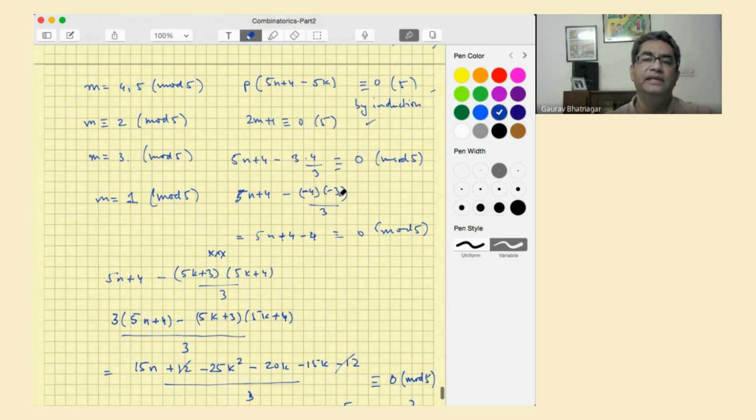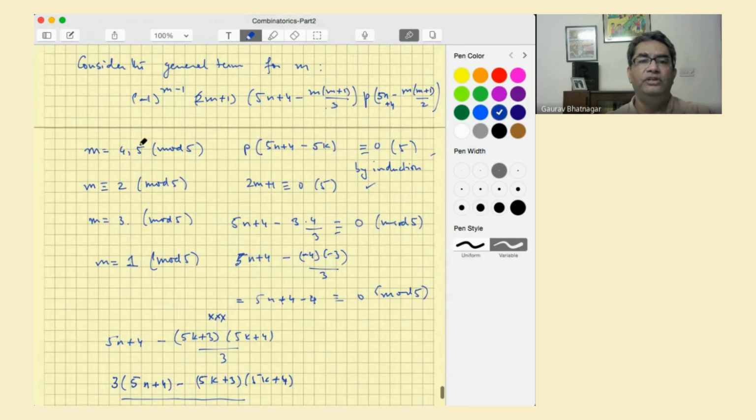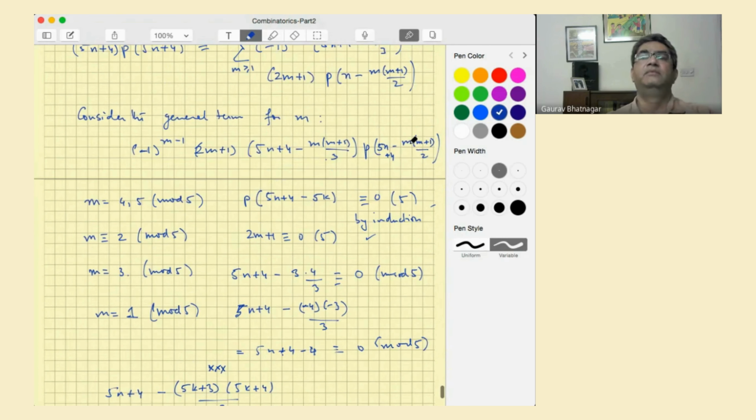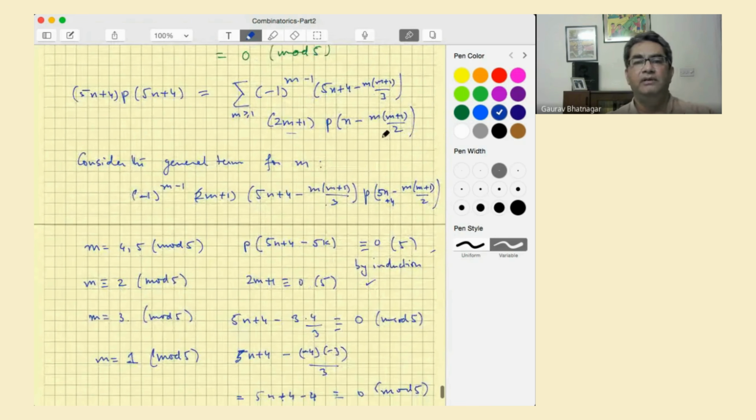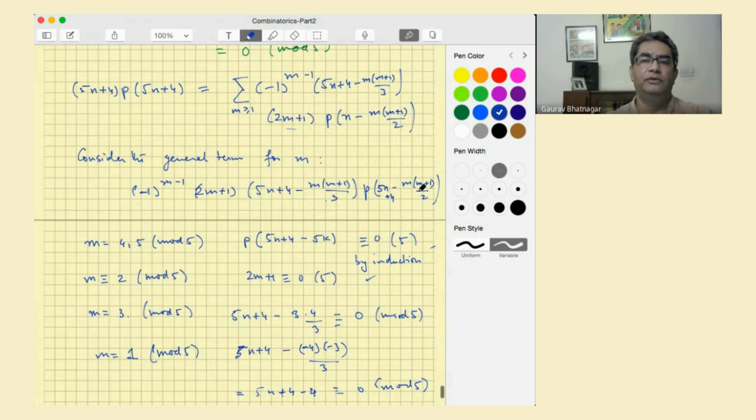Okay, so in any case, if you allow me this one, then for m congruent to 1, 2, 3, 4, 5, this general term becomes 0 mod 5, and therefore this entire sum becomes 0, and therefore by induction, because we use the induction hypothesis, this is true.